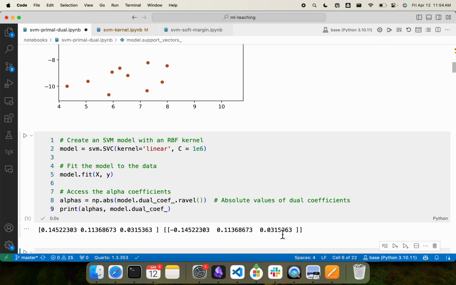Or have they done something smarter here? Any thoughts on what we are looking at? We just discussed that the alpha i's have to be non-negative, and here in sklearn's implementation, the first alpha is turning out to be negative. So what is wrong?